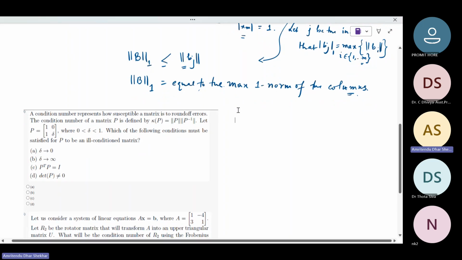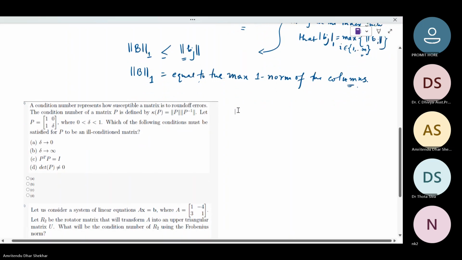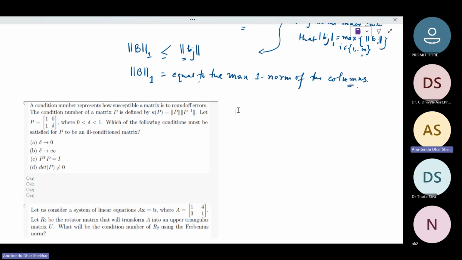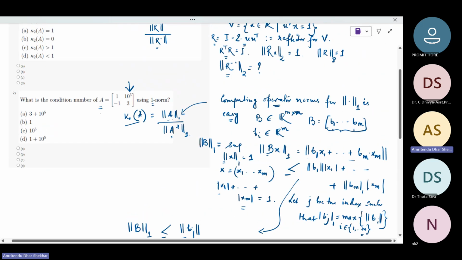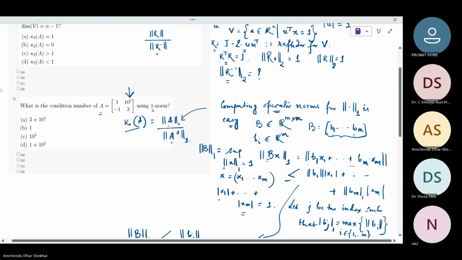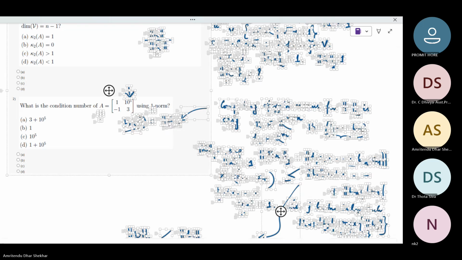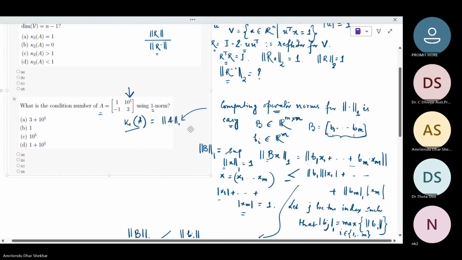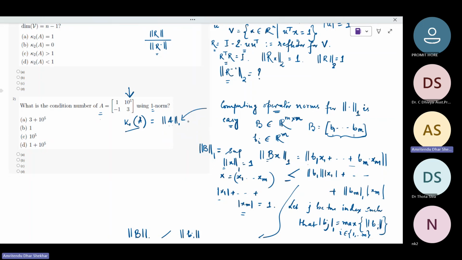Okay, so let me ask you guys this question. If P is a matrix that is given to us, by the way, I think I may have written this wrongly. I wrote it as a division.